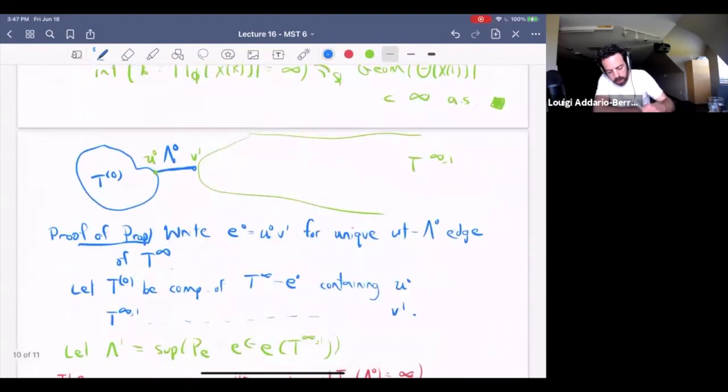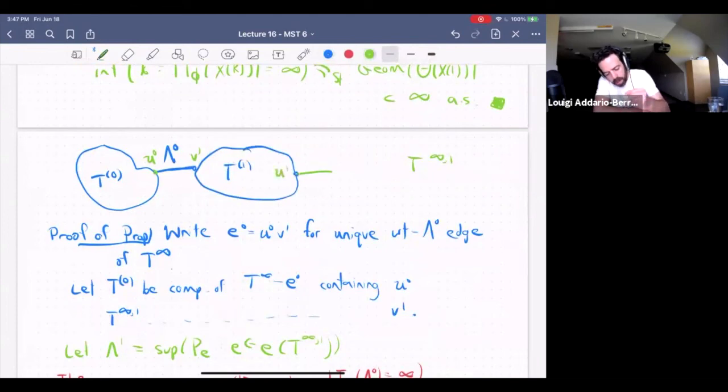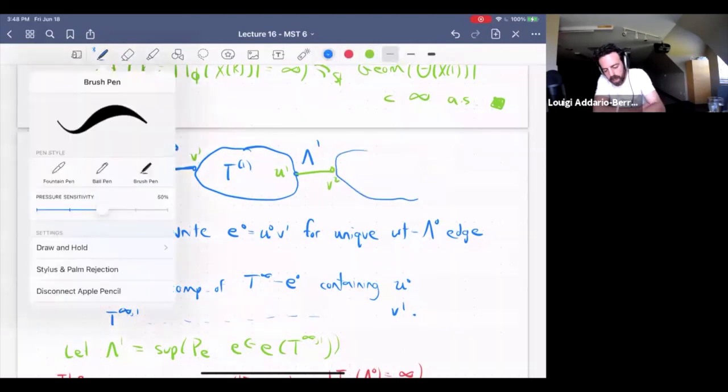So let me refine this picture now. We're going to have another blob, which is T1, and then the largest weight edge ever added after this first edge E0, which will be the edge E1 of weight lambda 1, connecting U1 and V2, and then that will connect us to T infinity 2, and we can further refine that picture, right?